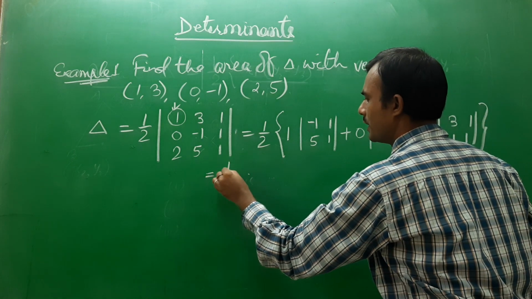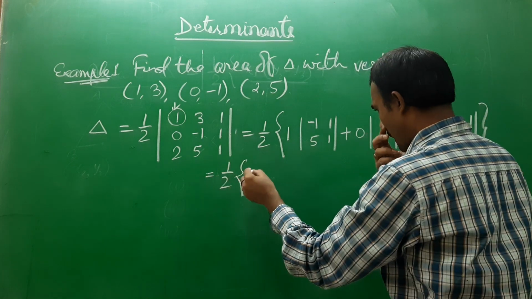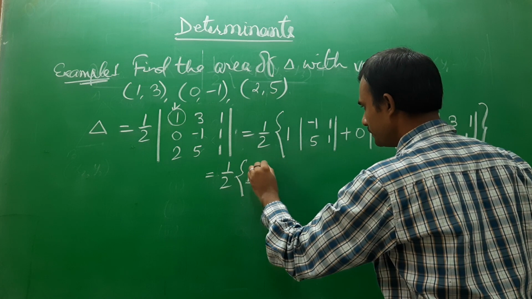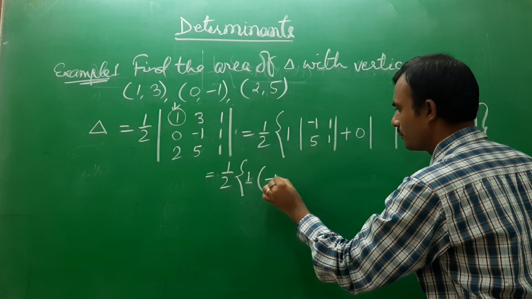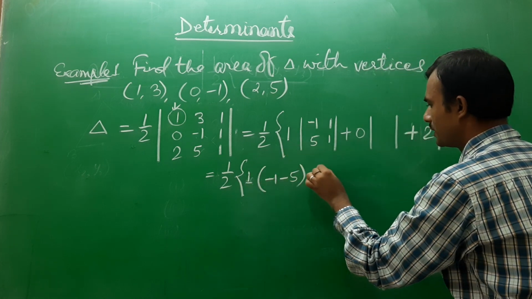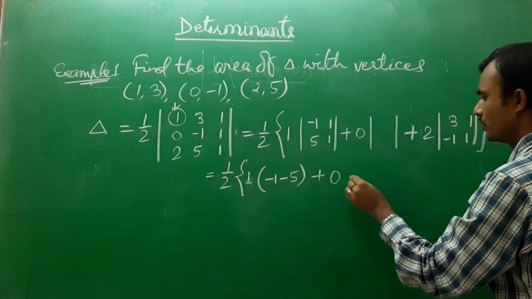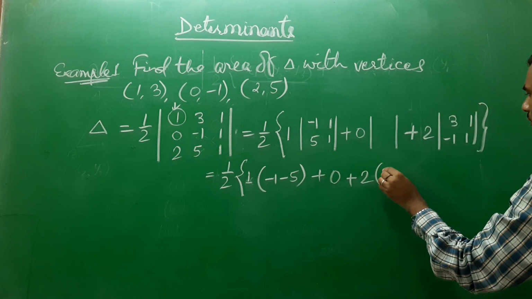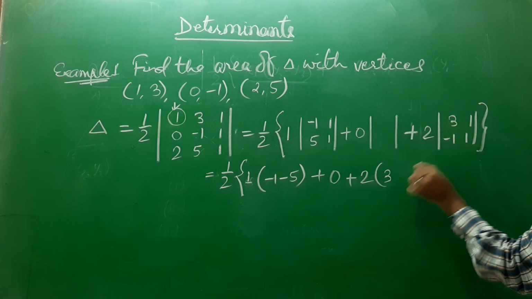So this is half of 1 into minus 1 minus 5, plus this will be 0, plus 2 into 3 plus 1.